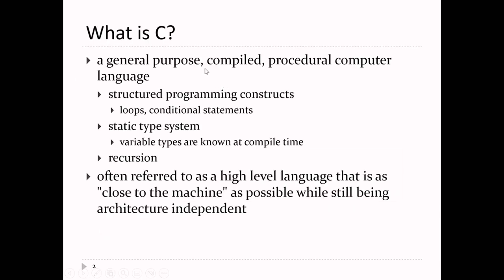All right, so first of all, what is C? C is a general purpose, compiled, procedural programming computer language. Procedural basically means it has structured programming constructs, like loops and if statements, and you can declare variables.